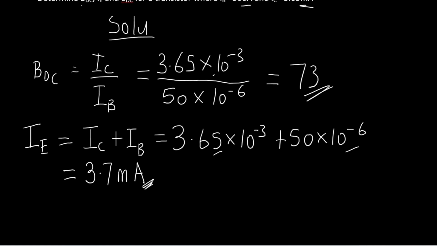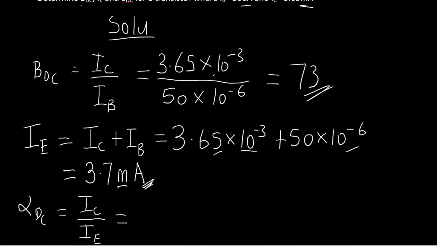Now, alpha DC is equal to IC over IE. Our IC is times 10 raised to the power minus 3, the same thing with our IE, so we can neglect the power this time around.